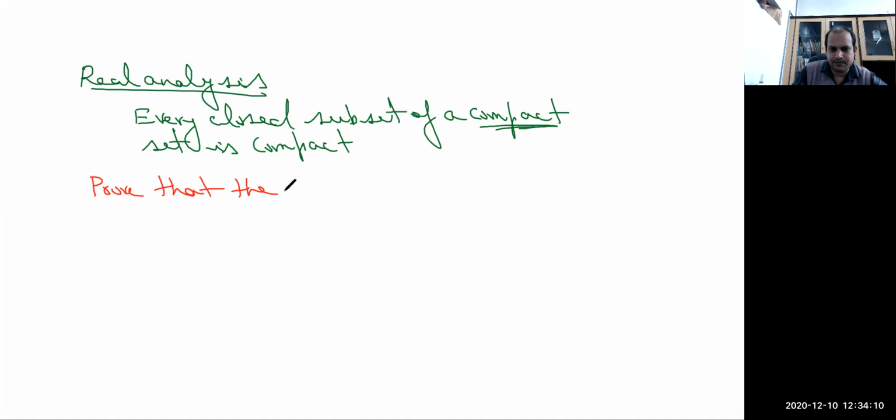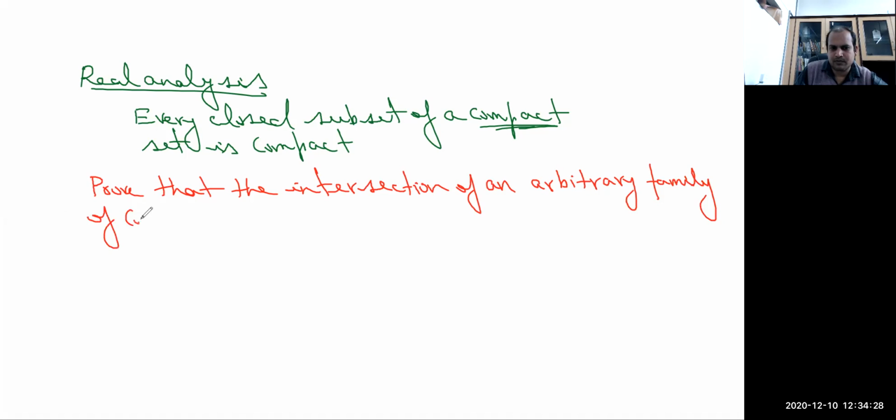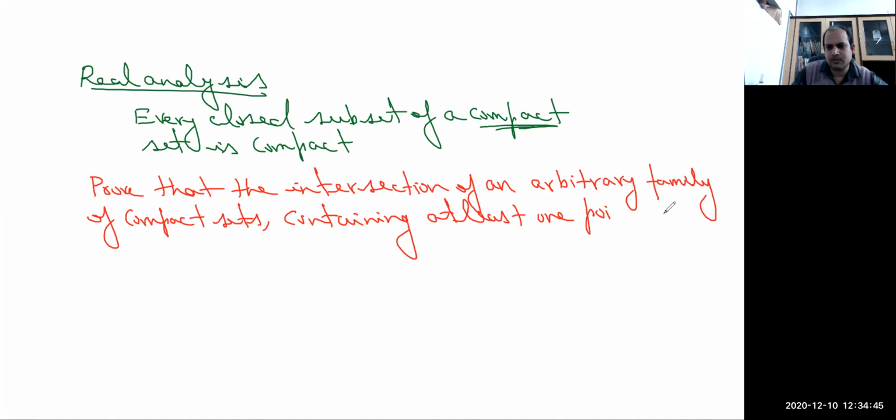Prove that the intersection of an arbitrary family of compact sets containing at least one point in common is compact.